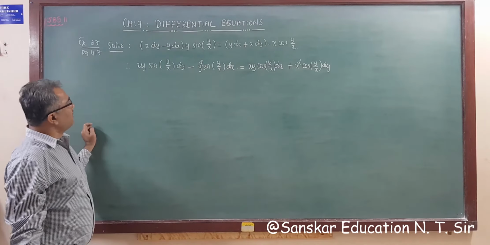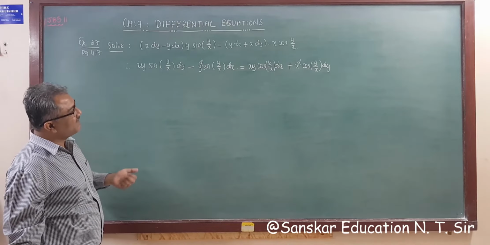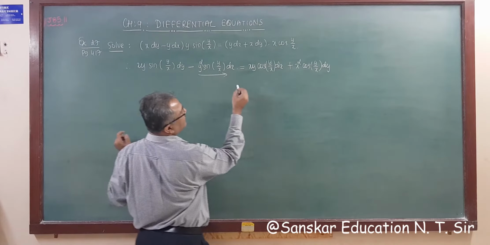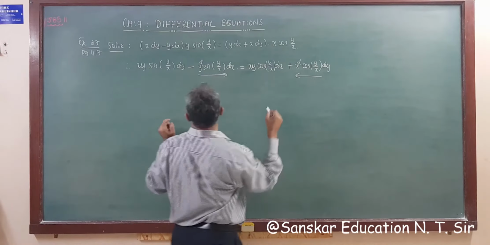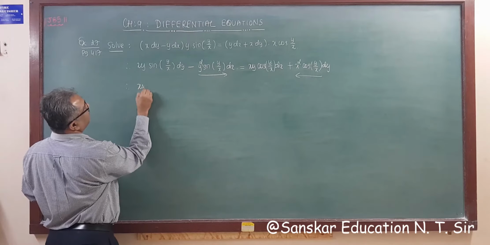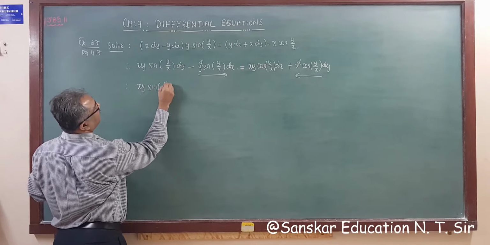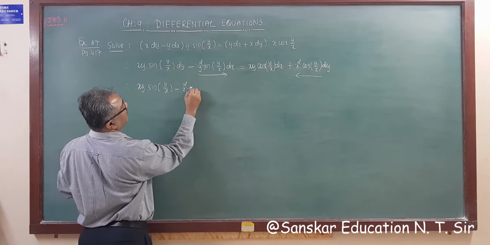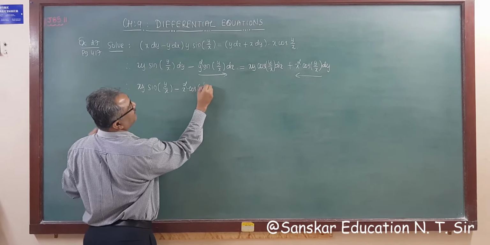Now equating the terms with dx and dy. I am taking these two right hand side terms and this term to the left hand side. If we take y common, we get xy sin y by x minus x squared cos y by x, and dy is common.